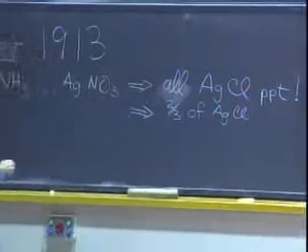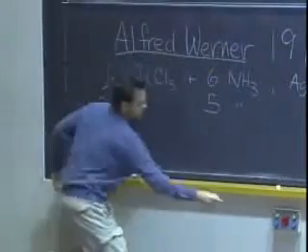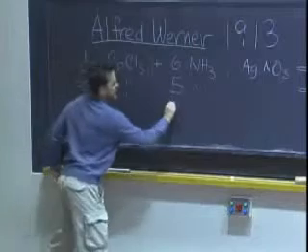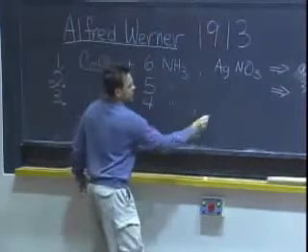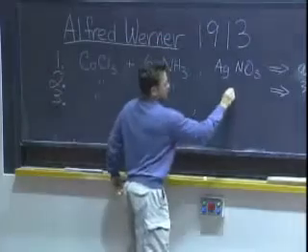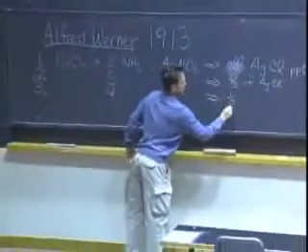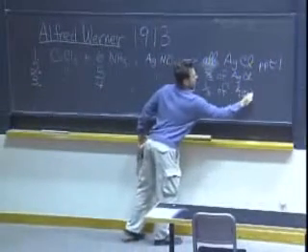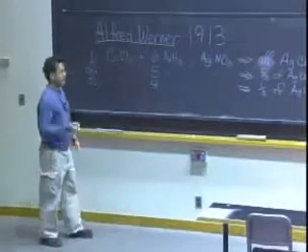And continuing down, if he uses now only 4 equivalents of ammonia, then the addition of silver nitrate provides 1/3 of the total precipitated chloride.